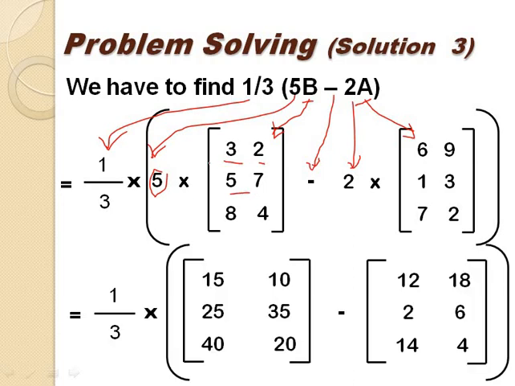So what will we get? 5 into 3 is 15. 5 into 2 is 10. 5 into 5 is 25. 5 into 7 is 35. Similarly we are getting 40 and 20.